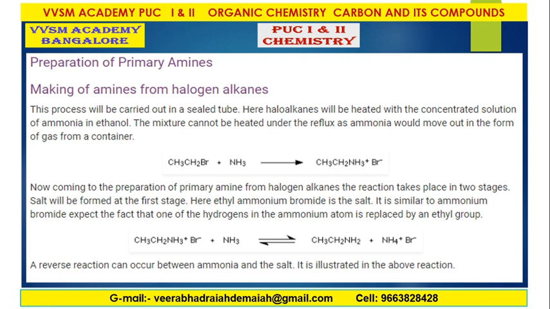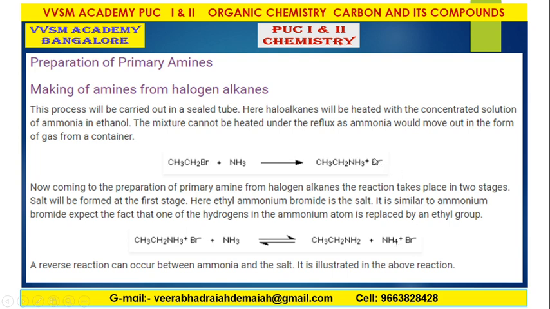It is similar to ammonium bromide, except for the fact that one of the hydrogens in the ammonium ion is replaced by an ethyl group. Therefore, the ammonia again combines with the ethyl ammonium bromide, giving ethylamine and ammonium bromide.